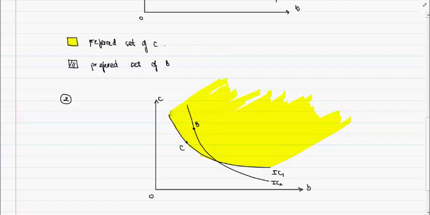So all of this area above the indifferent curve is the preferred set of C.